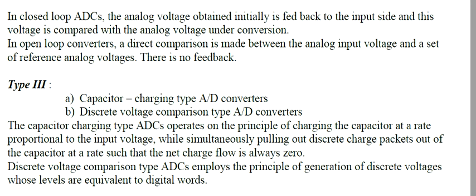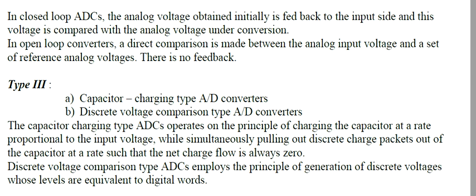There is no feedback. The type 3 classification includes the capacitor charging type and the discrete voltage comparison type analog to digital converters. The capacitor charging type ADC operates on the principle of charging a capacitor at a rate proportional to the input voltage. The discrete voltage comparison type ADC employs the principle of generating discrete voltages whose levels are equivalent to digital words.